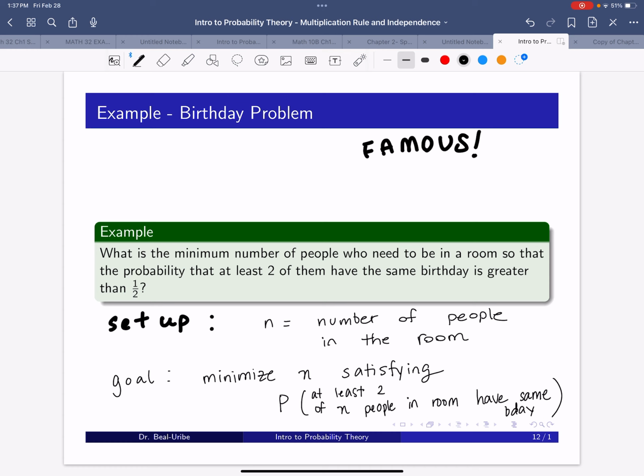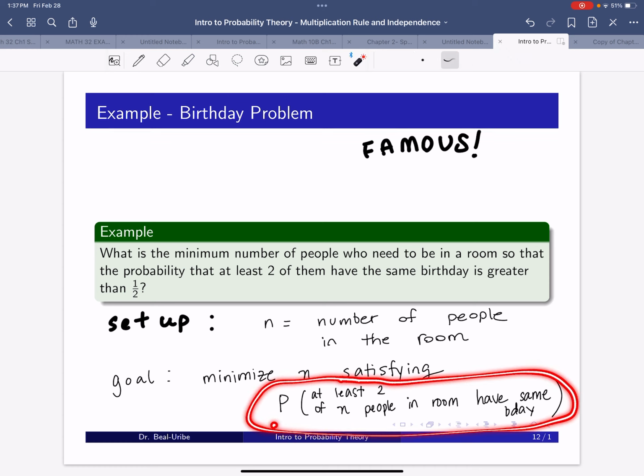So we have a function that depends on n, right? You change n, you get a different probability. I want to find the first value of n, the smallest value of n, where this probability is greater than 50%.